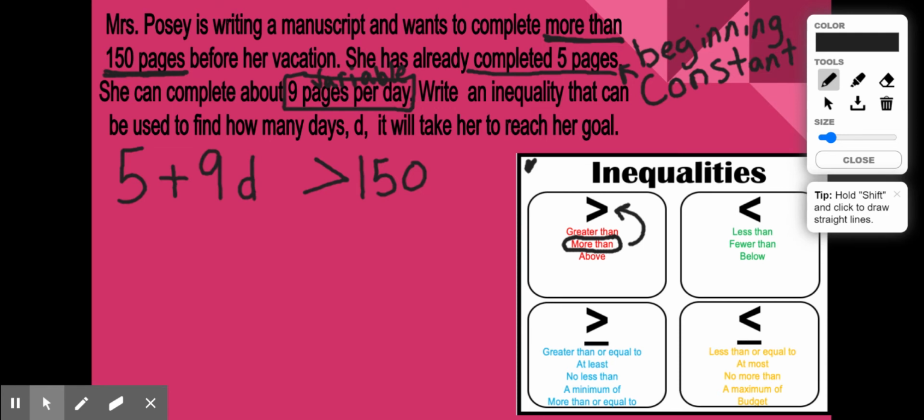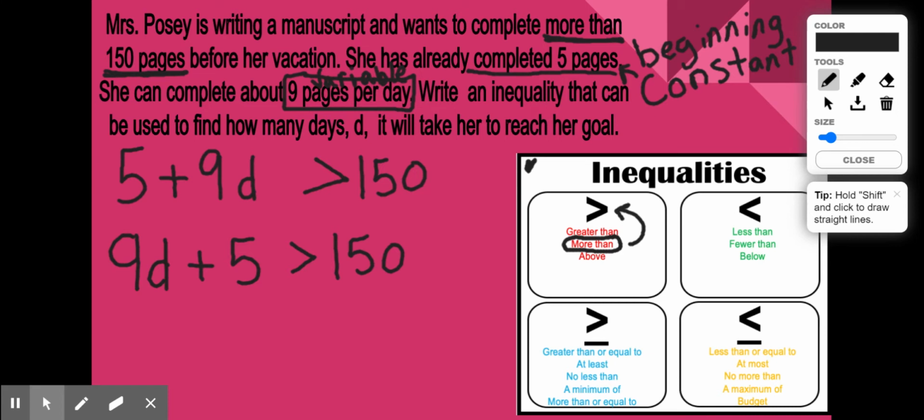So 5 plus 9D is greater than 150. Now I could have written that the other way. I could have said 9 pages per day plus the 5 that she already has needs to be greater than 150 before she goes on vacation.